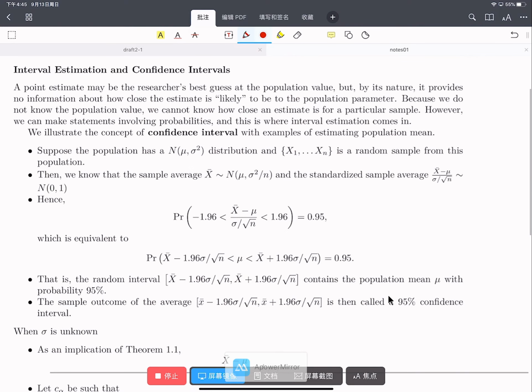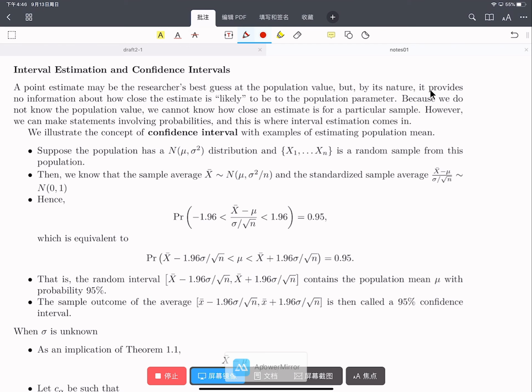Before, we just talked about point estimation, where we try to form a specific value to estimate the population parameter. But sometimes point estimation is not so precise, and it does not provide any information about how likely our estimate is to be correct.